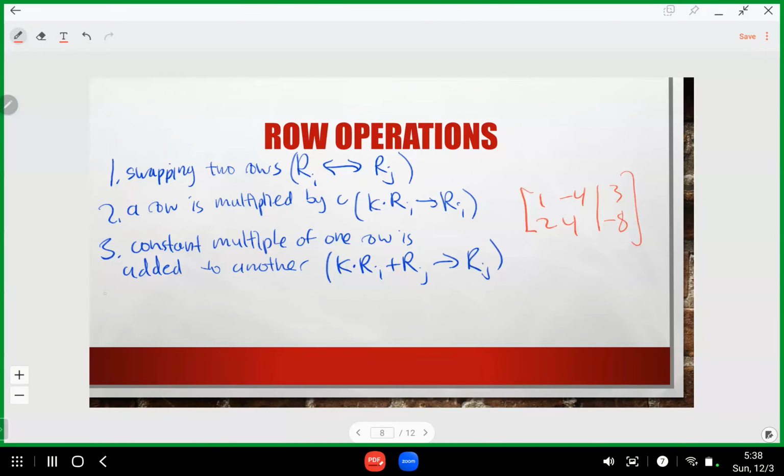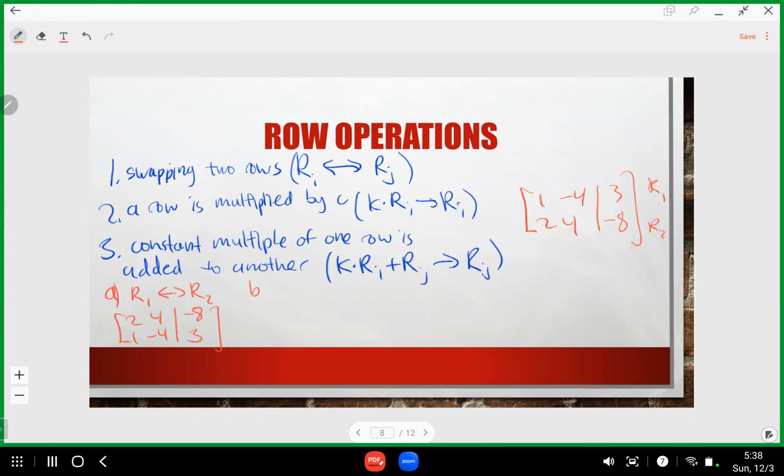So first, A here, we have row 1, right? This is row 1 and row 2. Row 1 swapped with our R2, right? When you swap them, you're just going to get 2, 4, 1, -4, and this is -8 and 3, right? Okay. Thus, you just simply swap the rows.